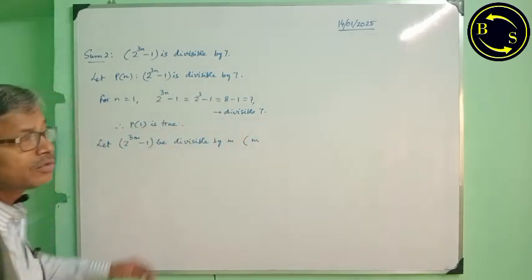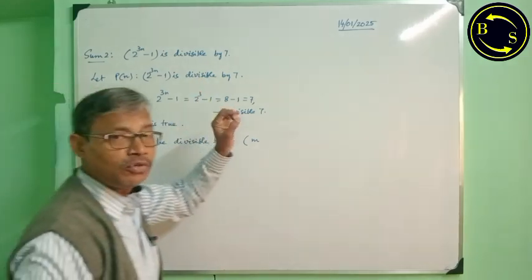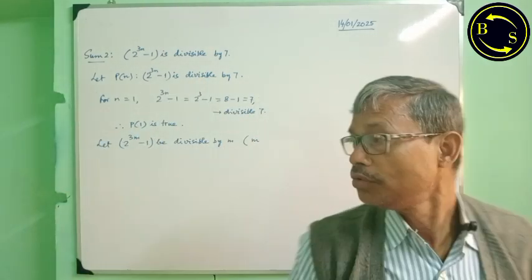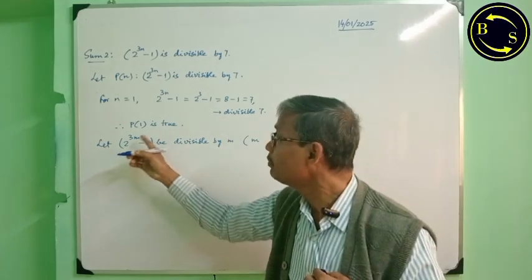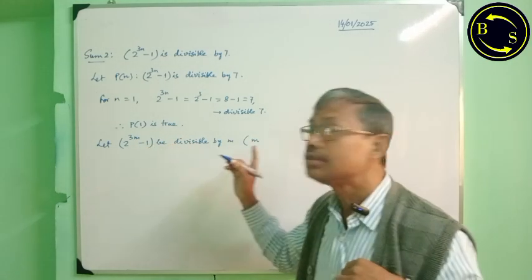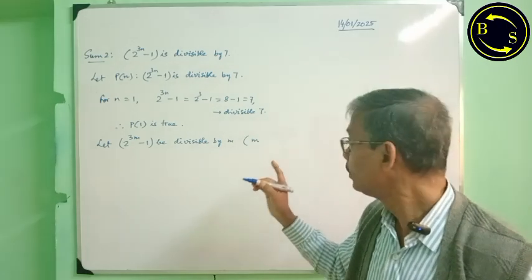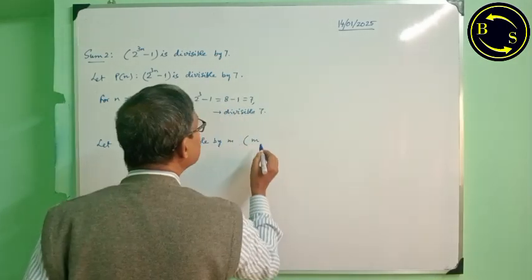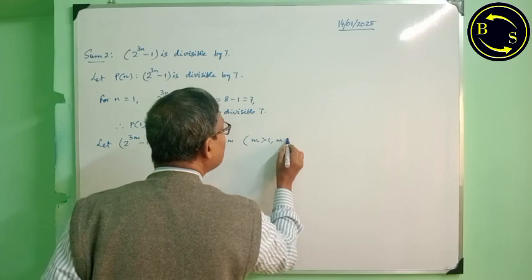Already we have shown this statement is true for n equal to 1. Now we are assuming, therefore this m is greater than 1 and a natural number. That is why we have to mention here m greater than 1.